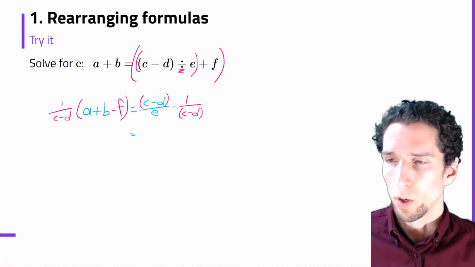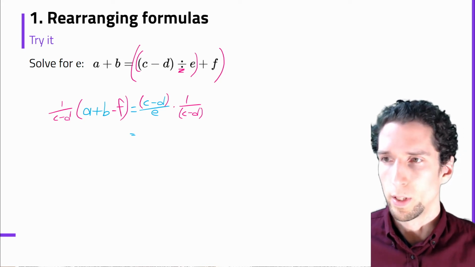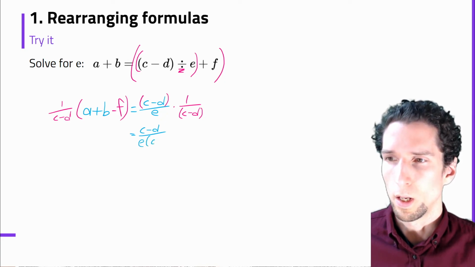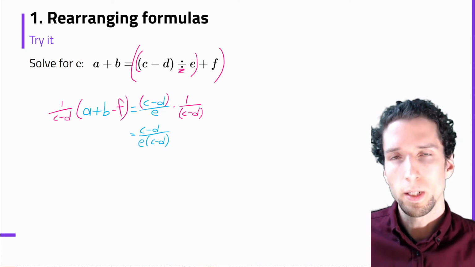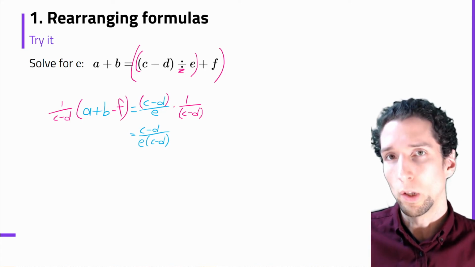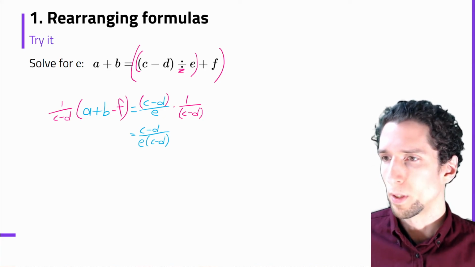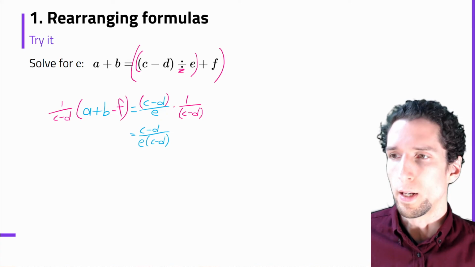Okay, so then on the right side, just to convince you that yes, this does actually work. So c minus d on the top here, and on the bottom, e times c minus d. And then we have c minus d on the top and the bottom. So again, just look at them as a unit. Together, they cancel each other out. It doesn't matter what c and d are.